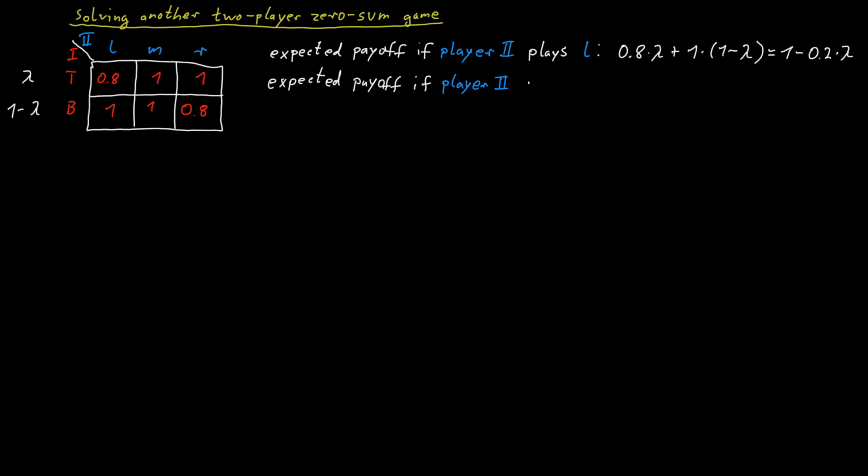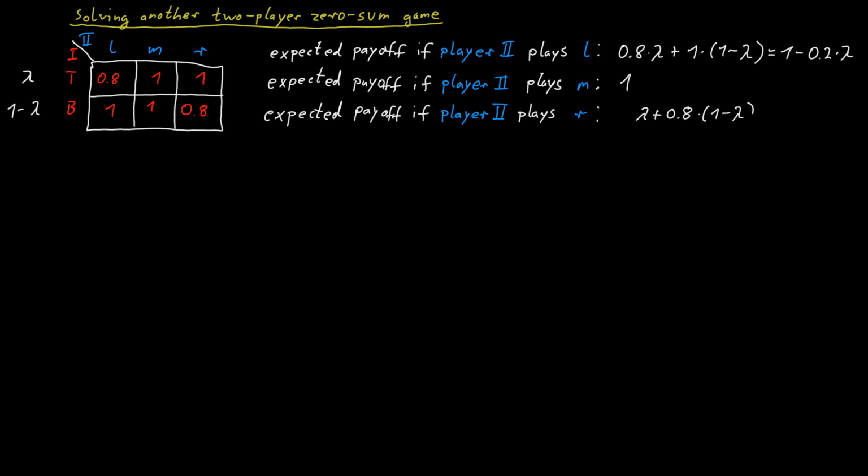If player 2 plays strategy M rather than strategy L, by the way, L stands for left and M stands for middle here, the expected payoff is simply 1, no matter what player 1 does. And finally, if player 2 plays strategy R, which stands for right of course, then the expected payoff to player 1 is lambda plus 0.8 times 1 minus lambda.